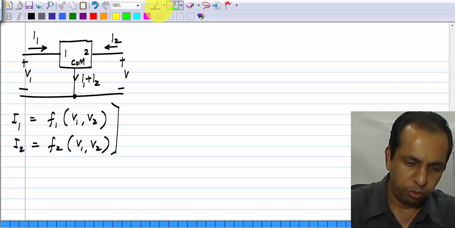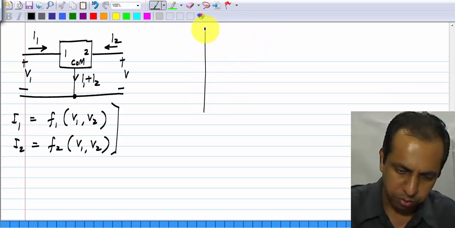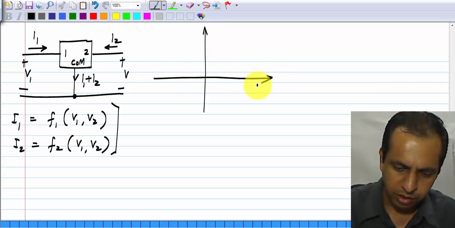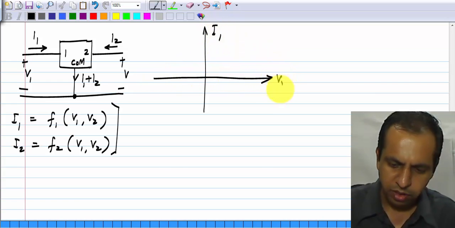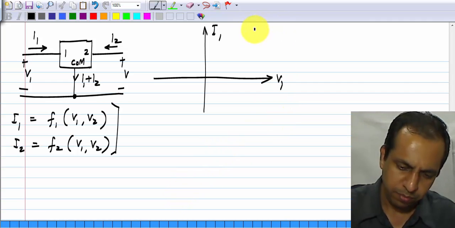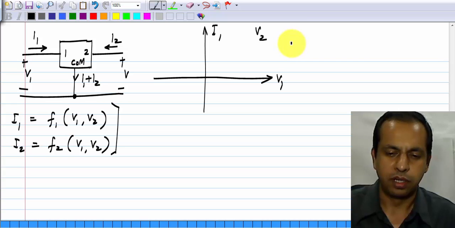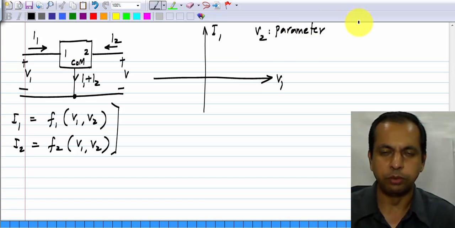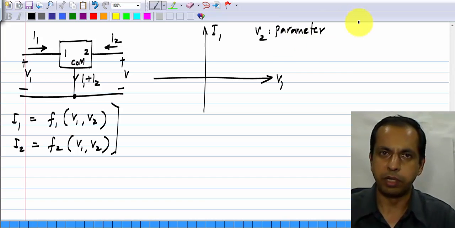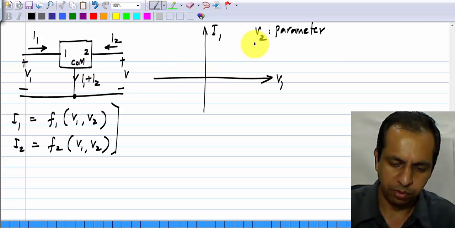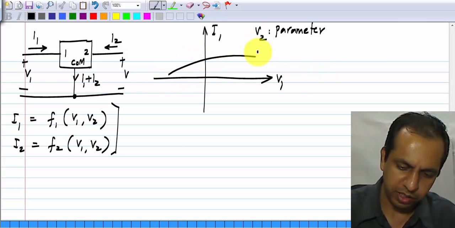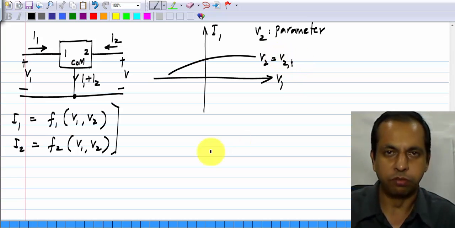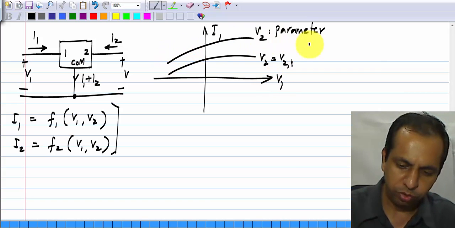So, normally what you do is instead draw a number of two-dimensional graphs. That is, we plot I1 versus V1 with V2 being constant, and you must be familiar with this. In this case, V2 is called the parameter, and it can be anything. I will just show some arbitrary example. I1 versus V1 could be something like that, for a particular value of V2, for another value of V2 it could be like that, and so on.